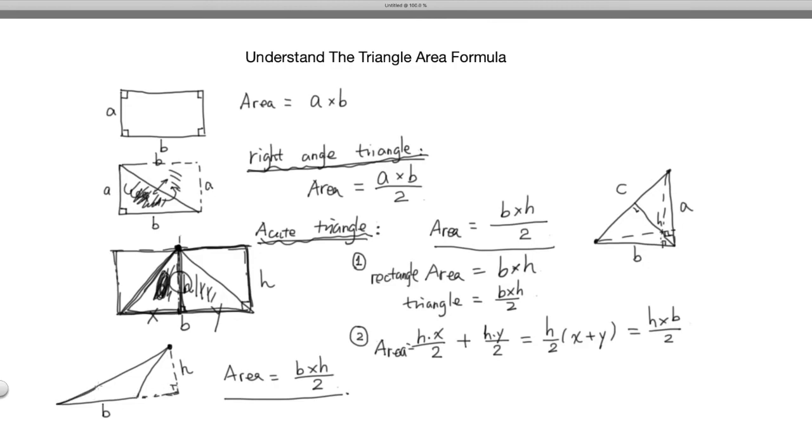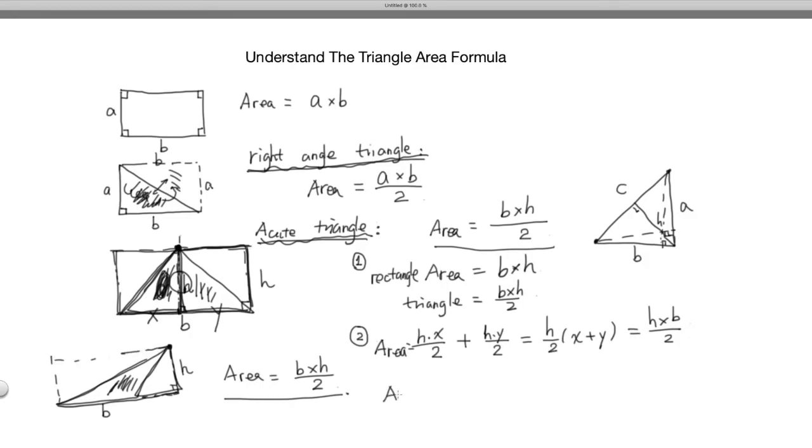The first one is this right-angled triangle. The second one is this right-angled triangle. The original triangle's area equals the difference between the bigger one and the smaller one. Now the bigger one, of course, is just half of the area of this rectangle.